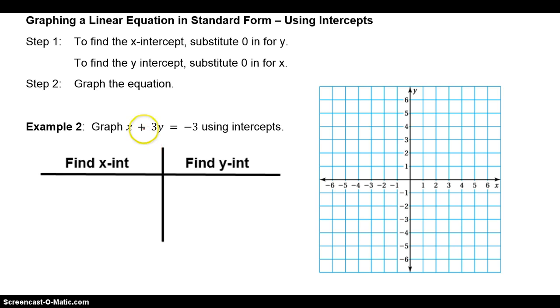Okay, so to find the x-intercept, above that, I want you to say, or right here, say, let y equals 0. To find the y-intercept, we're going to let x equal 0. Okay, and then go ahead and take your equation. So this is the equation. X plus 3y equals -3.